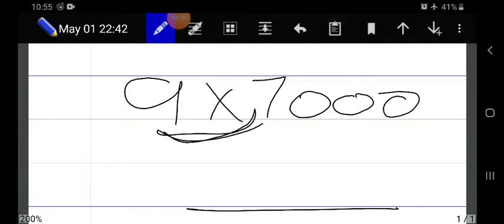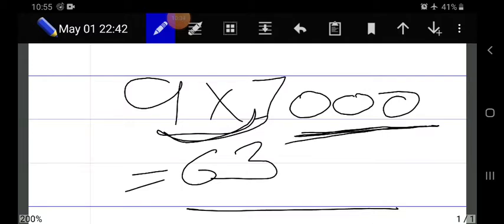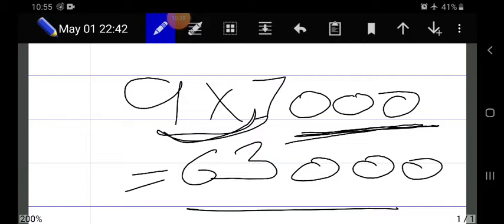Simply multiply these two. 9 7s are 63, and simply put these 3 zeros at the back and you will get your answer. So this is how you will do the multiplication related to tens, hundreds or thousands.